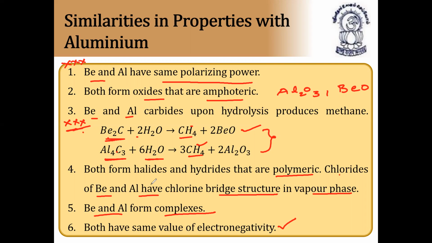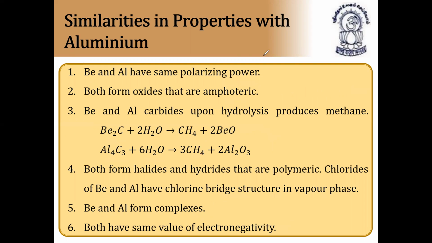This point is very important. And beryllium and aluminum form complexes, and both have the same value of electronegativity. So these are the points based on which beryllium shows anomalous properties.